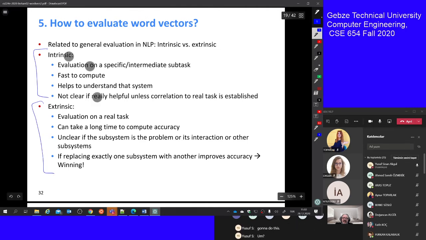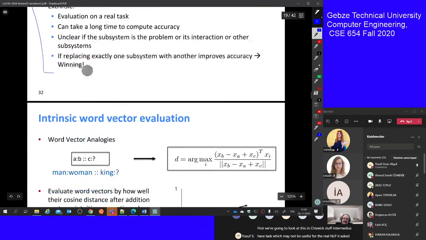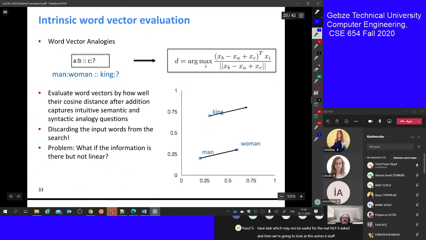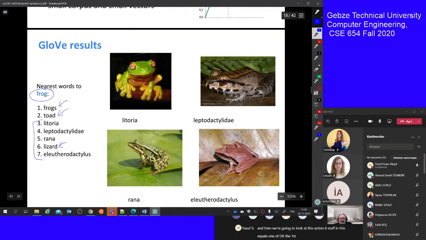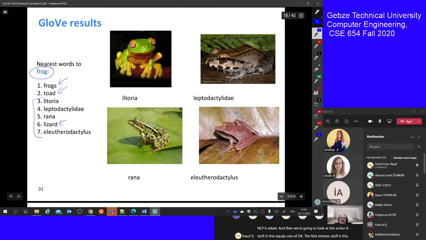First, we are going to look at this intrinsic stuff, the intermediate subtask, which may not be useful for the real NLP task, and then we are going to look at this extrinsic stuff. The first intrinsic stuff is this: give me the similar words to frog. That's one.